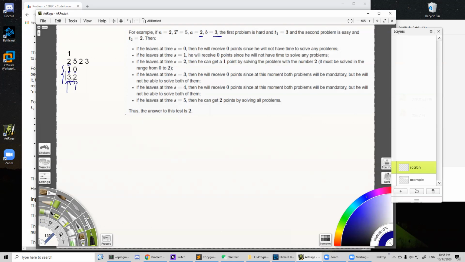If it is 0, it is an easy problem. The second array is the time when the problem becomes mandatory. So for the first problem, at the third second, it becomes mandatory. And for the second problem, it becomes mandatory at the second, right?